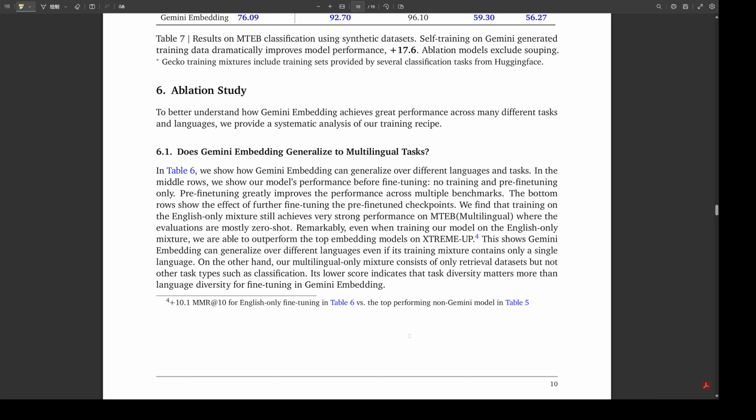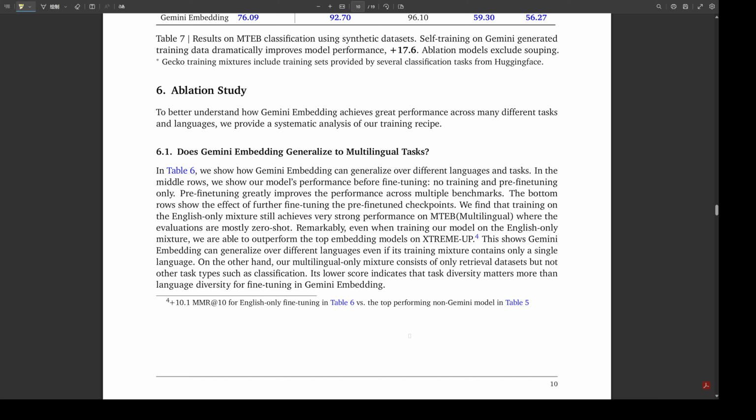Okay, so after all this work, all this careful design, training, data refinement, how do they actually evaluate how well Gemini embedding performs? They conduct a very thorough evaluation across a wide variety of tasks and languages, but they mainly focus on this benchmark called the Massive Multilingual Text Embedding Benchmark. That's a mouthful. It is. They just call it MTEB. This benchmark is incredibly comprehensive. Over 100 different tasks, spanning over 250 languages and 10 different types of tasks.